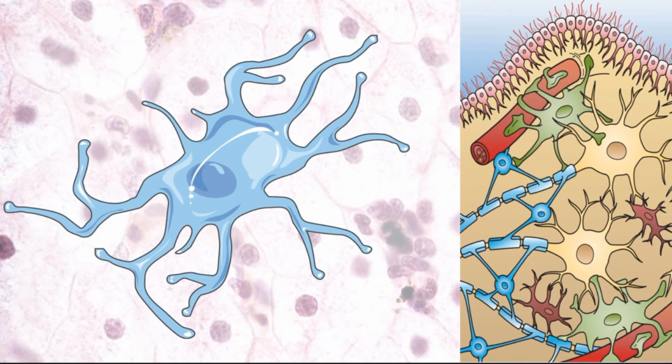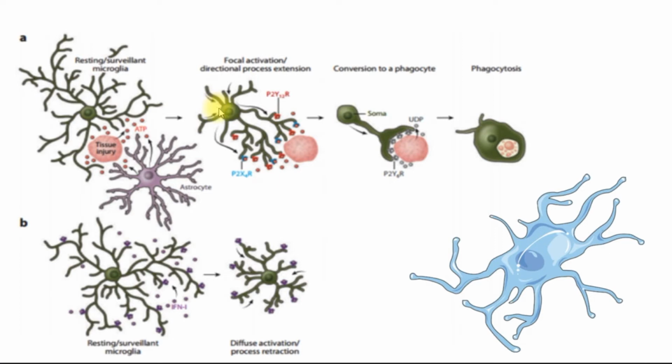So if some harmful substances enter the brain or some inflammation is taking place, microgliocytes are activated and participate in the immune reactions. Here we can see activation of a microglial cell, and it provides phagocytosis inside the brain. And they also provide phagocytosis of dead neurons.